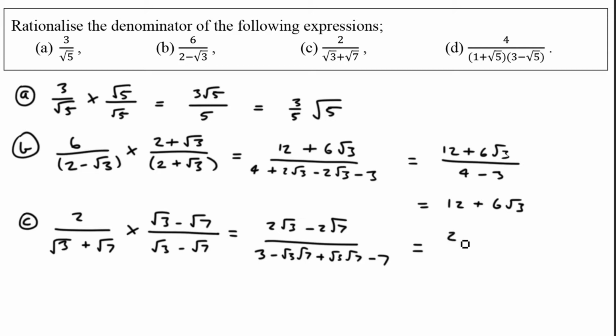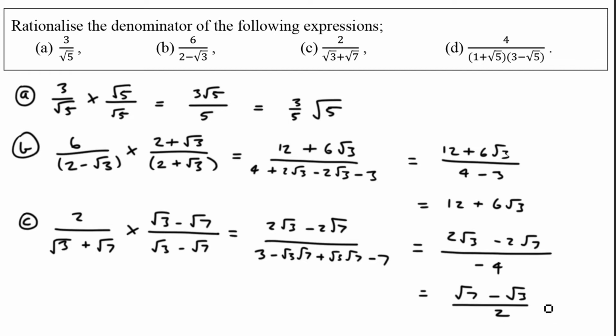So we still have 2 root 3 subtract 2 root 7 on the numerator. In the denominator, these two surd pieces will cancel out. We will have 3 subtract 7, we'll have negative 4. And we can tidy that up finally into root 7 subtract root 3 over 2. We've cancelled a 2 from the numerator and denominator and also multiplied both numerator and denominator by negative 1 to make it a bit more attractive.